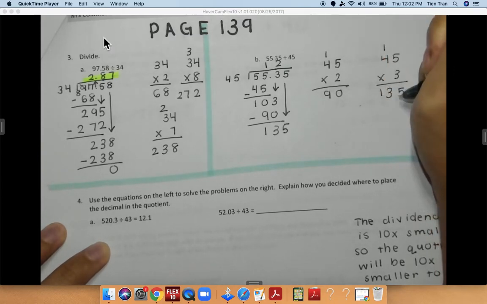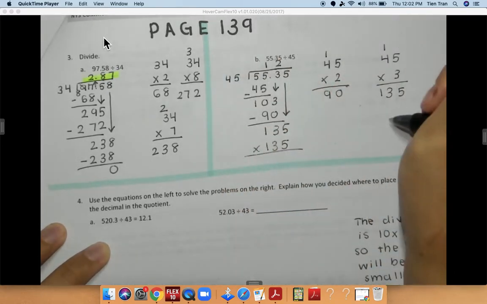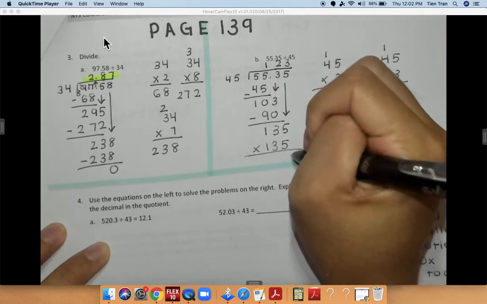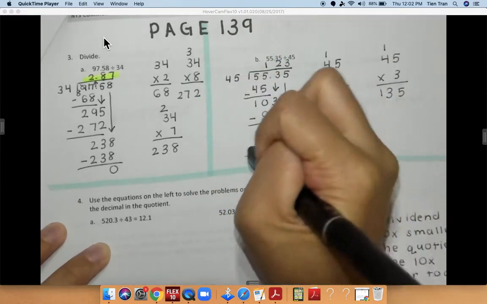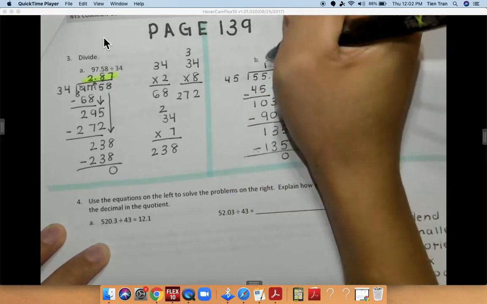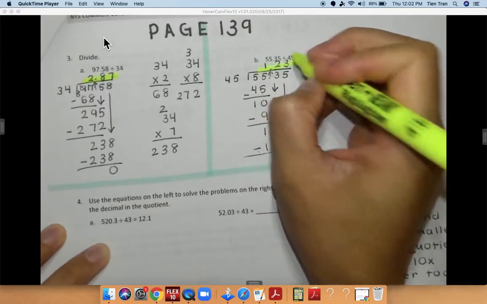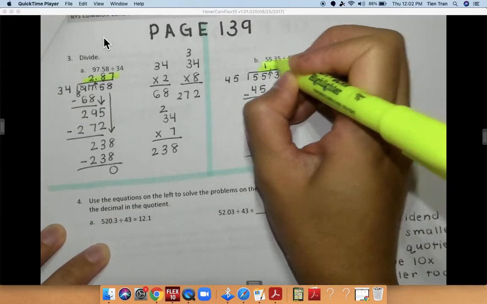Plus 1 is 13. I get 135, and I multiplied 45 times 3. So 135 minus 135 is equal to 0. Don't forget to bring up your decimal, and your final answer is 1 and 23 hundredths.